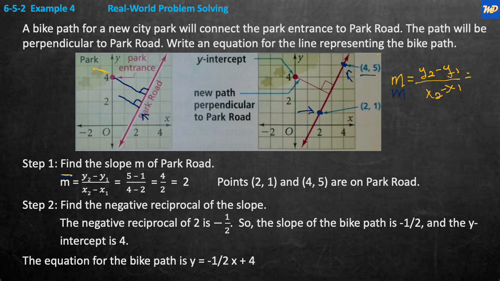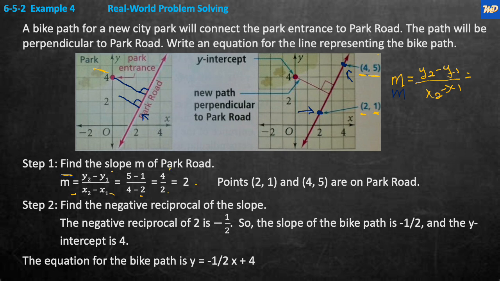So y2 minus y1 over x2 minus x1 is 5, which is the y2 value up here, 5 minus y1, which is the 1 value down here, and over 4, which is the x value for the ending point, and 2, the starting point x value. And when I solve that, you're going to get 4 divided by 2, which equals 2.